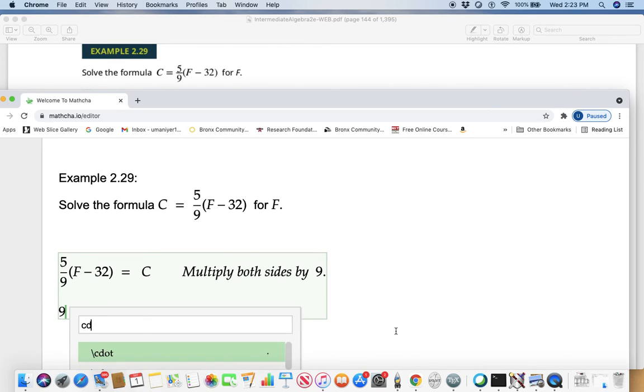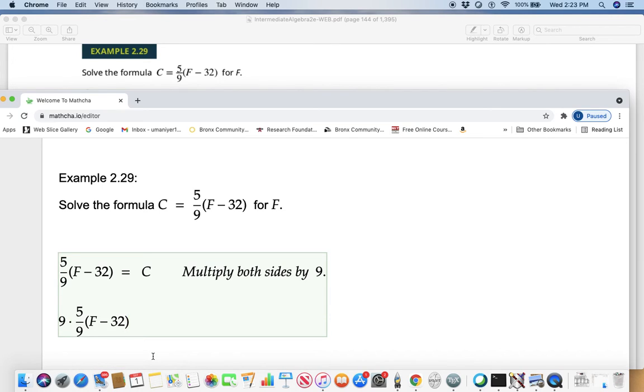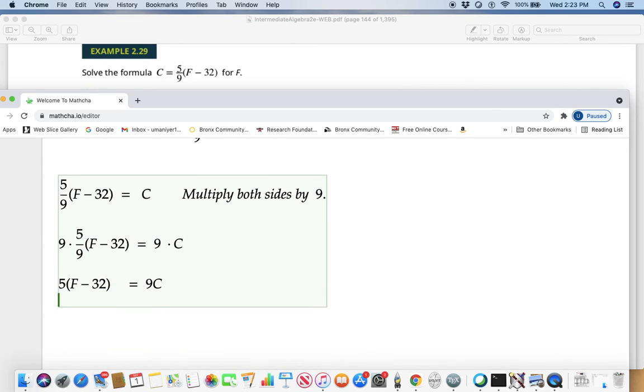9 times my expression equals 9 times C. The 9's cancel. We are left with 5F minus 32 equals 9C. Goal is to solve for F. Multiply by 5. 5F minus 5 times 32.